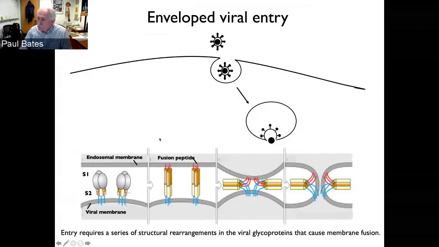As I'll go through in some detail, through a series of conformational changes, viral glycoproteins on the surface of viruses cause fusion of the host membrane with the viral membrane. In doing so, they allow the genetic information inside the virus to be delivered into the cell through this pore that forms.